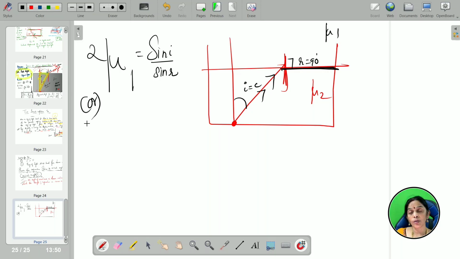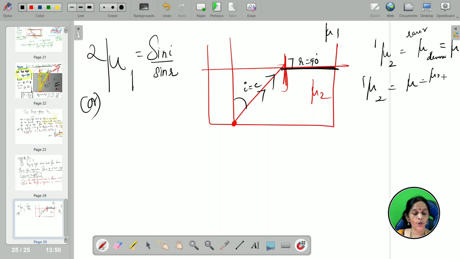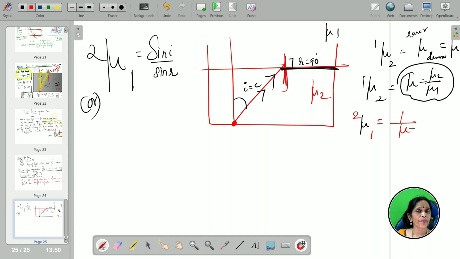In class 10 you have learnt, and always keep it in mind: mu 1 to 2, that is rarer to denser medium, is simply called mu, which is written as mu2 divided by mu1. Always mu means mu2 by mu1. But mu 2 to 1 means the reciprocal, 1 by mu.